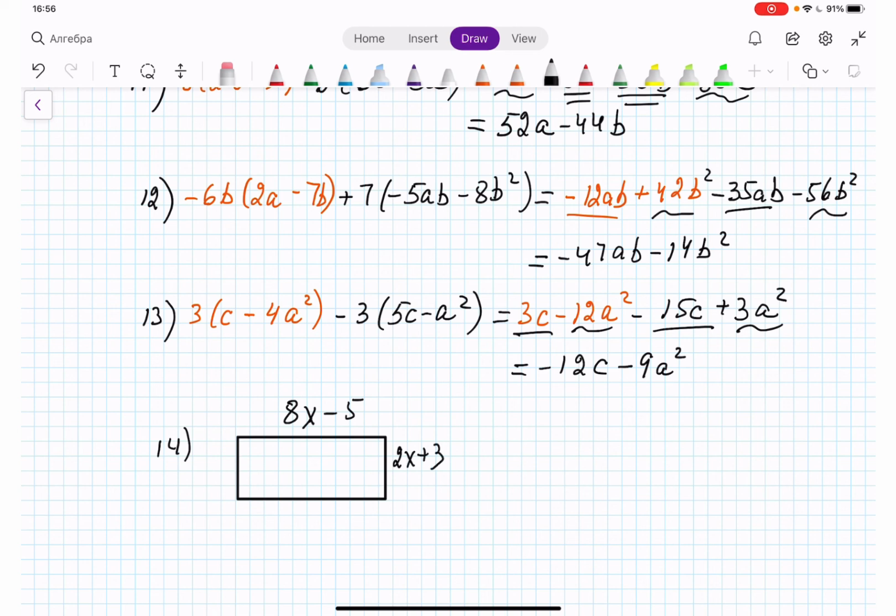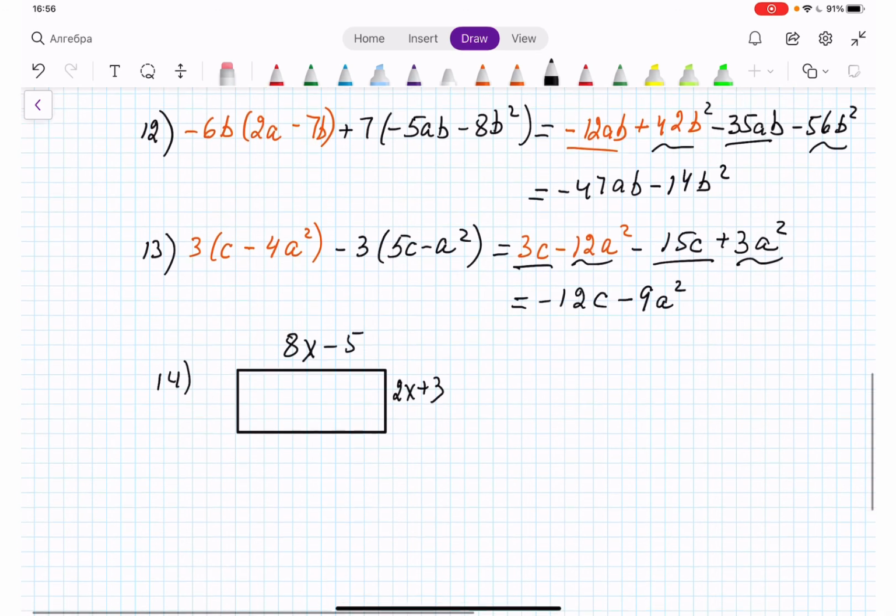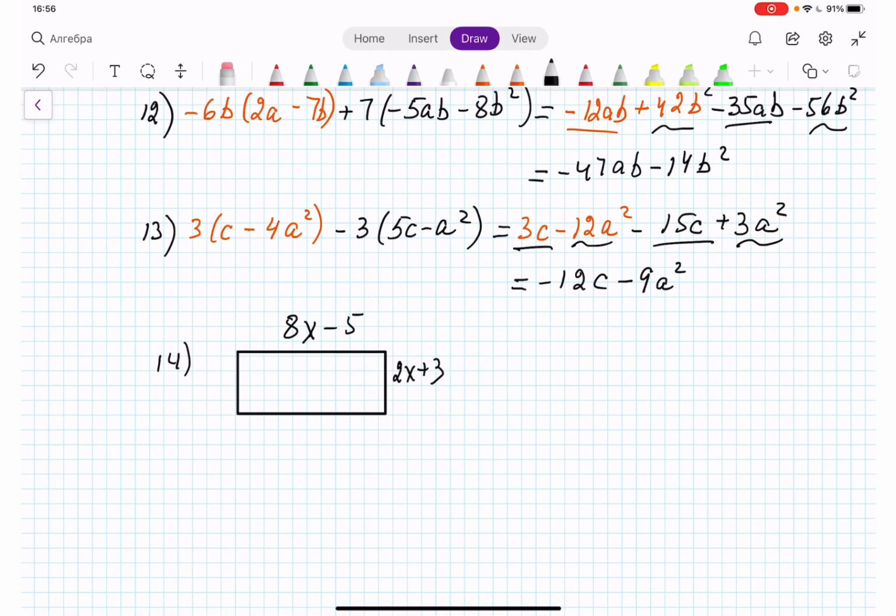What is the perimeter of the rectangle? What is perimeter? Perimeter is the length of all sides.